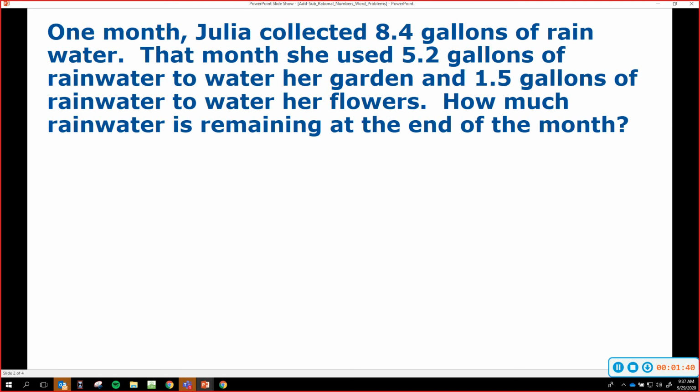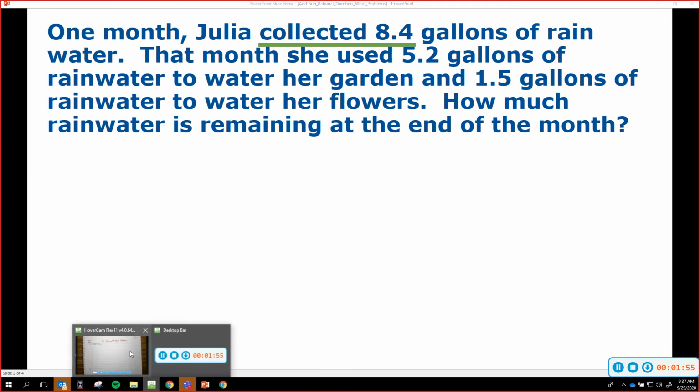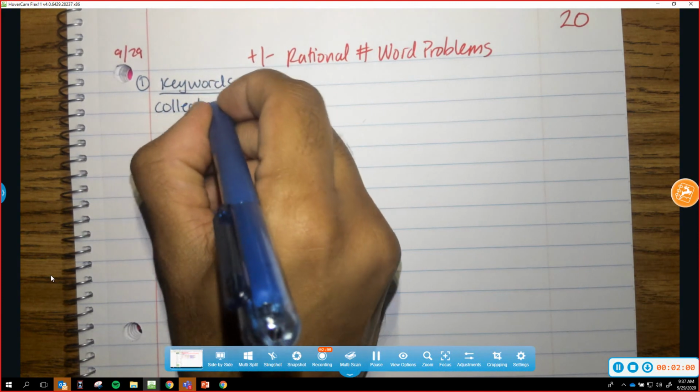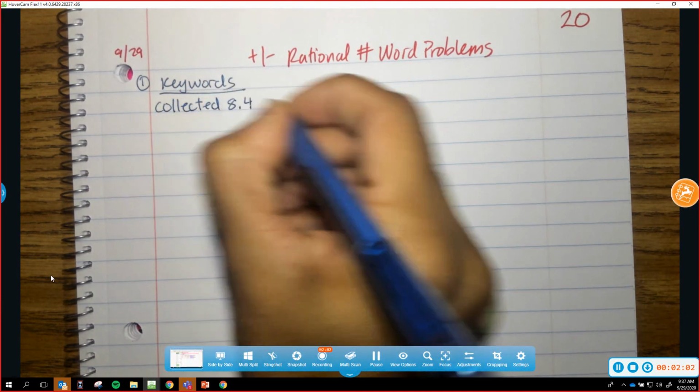Okay, so remaining is helping us to solve that at the end, okay? So that's correct. All right, let's start from the beginning though. What's the first number that we noticed in there? 8 4/10. Right, 8 4/10, and that she collected that amount. So that's going to help us understand that that is our starting number, 8 4/10.